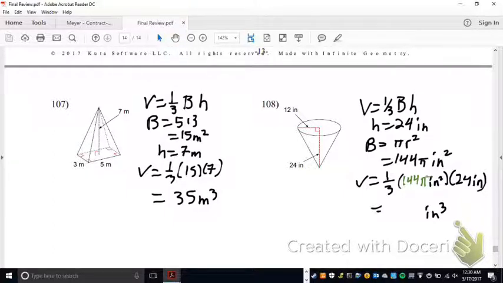We get 1152 pi. So 1152 pi cubic inches.